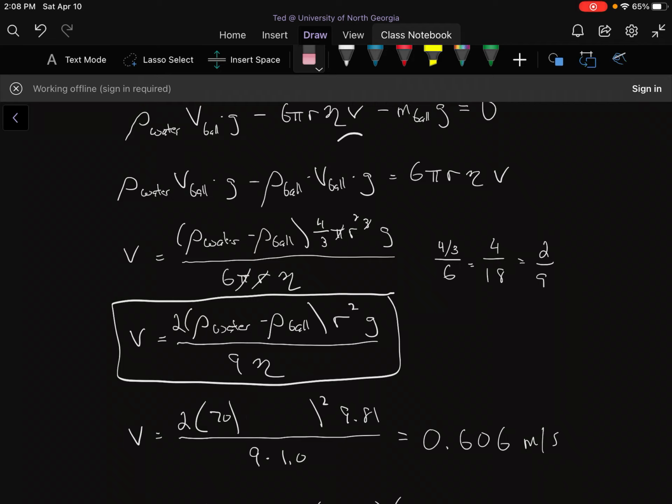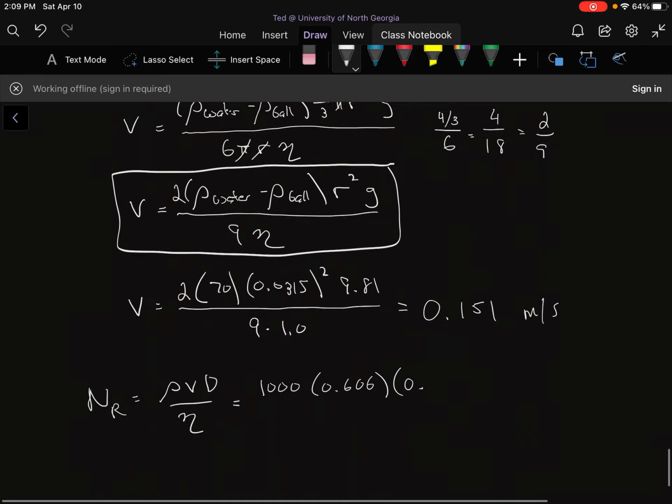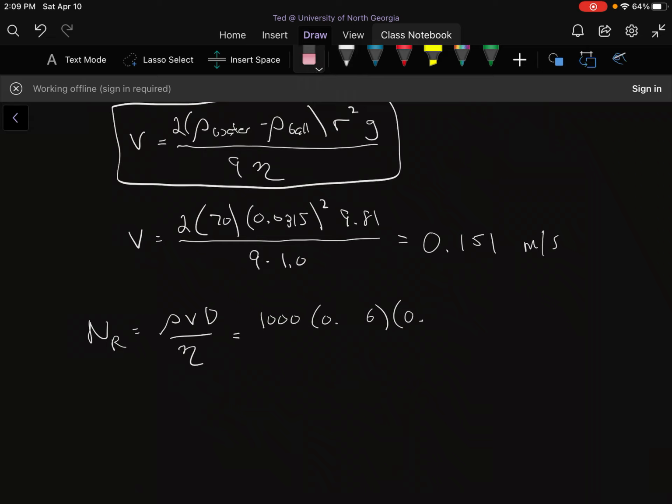So this is actually 0.0315. All right, so 2 times 70 times 0.0315 squared times 9.81 divided by 9 is actually 0.151 meters per second. Okay, so it's actually going slower than we thought. Sorry about that.